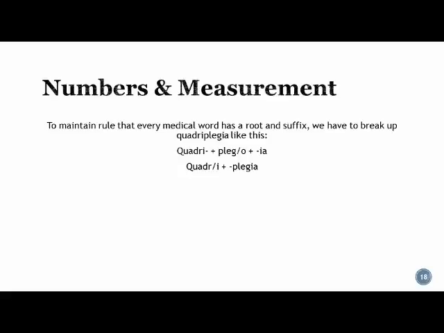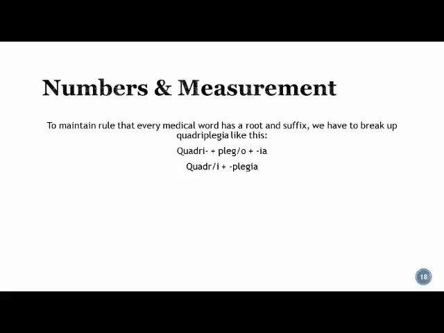If you want to use quadri as a prefix, then you have to say the suffix is ia, which makes pleg, P-L-E-G, the root. So combine them together, quadriplegia.